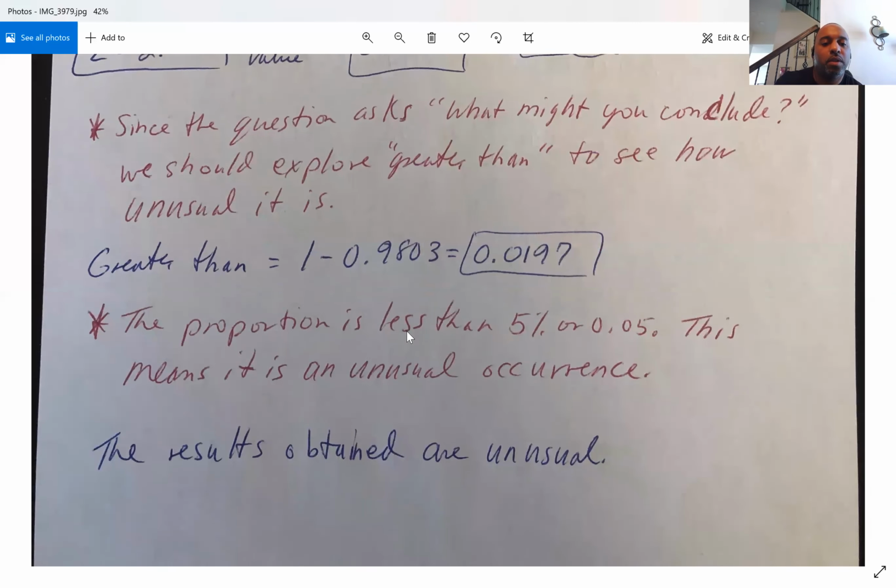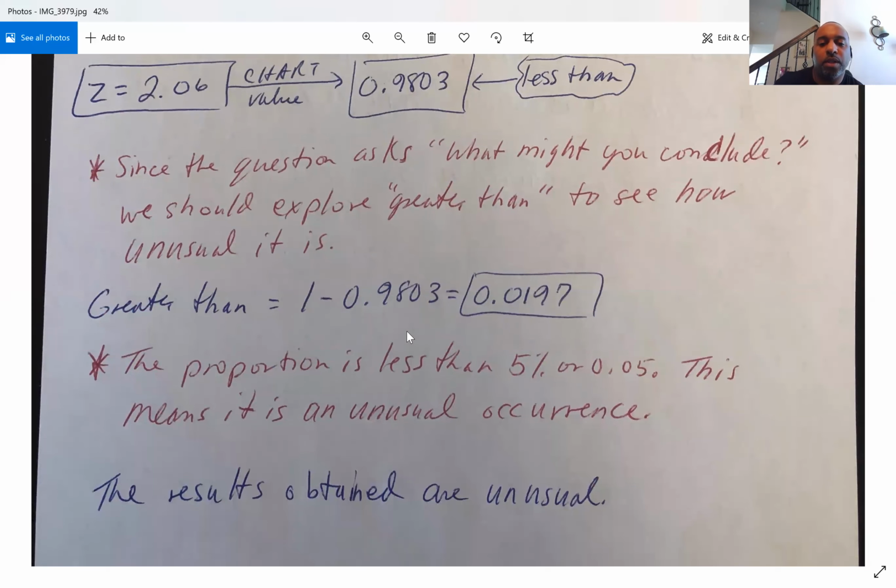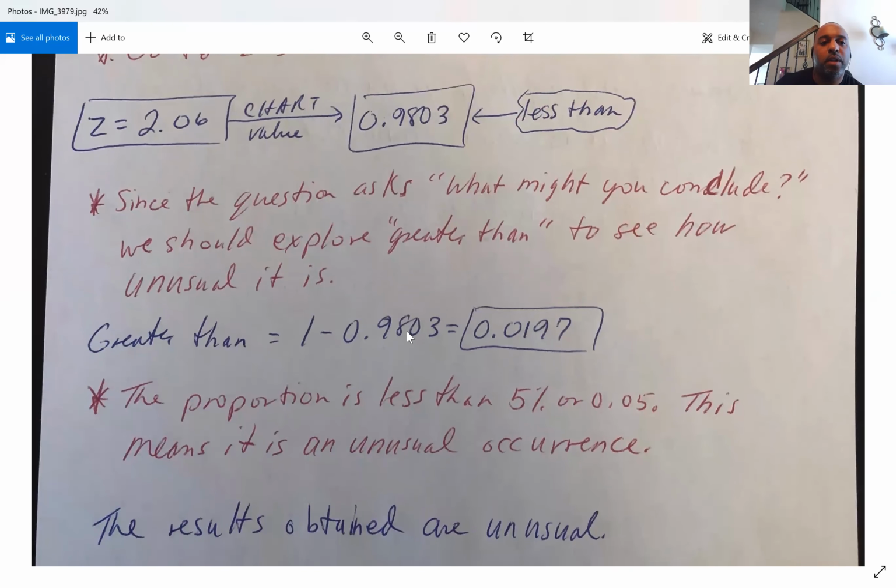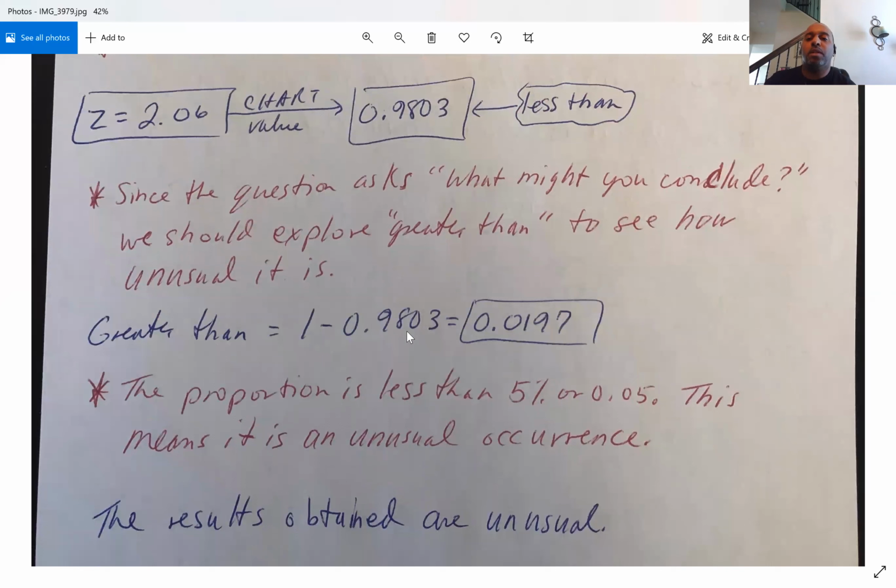Right. Just the results obtained are unusual. Okay, let's do that. Give you a chance to finish that up.